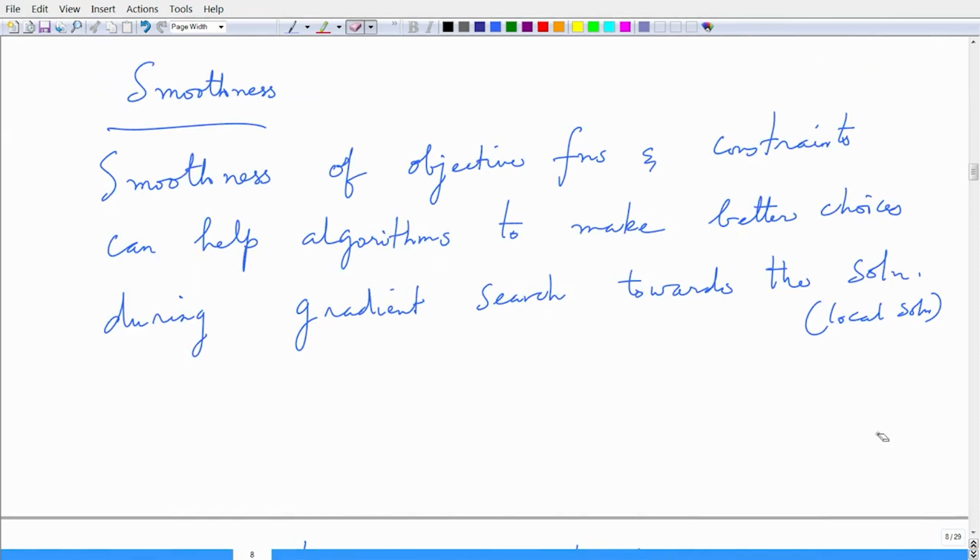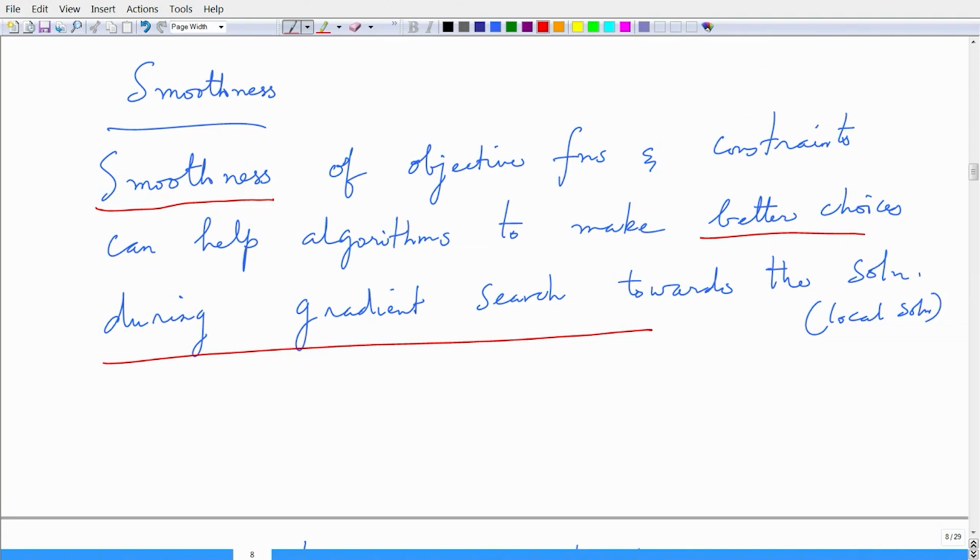Now, as I discussed earlier, we want to bring in the smoothness constraint of the objective functions and also the constraints, so that we can help algorithms to make better choices during gradient search techniques towards the solution.